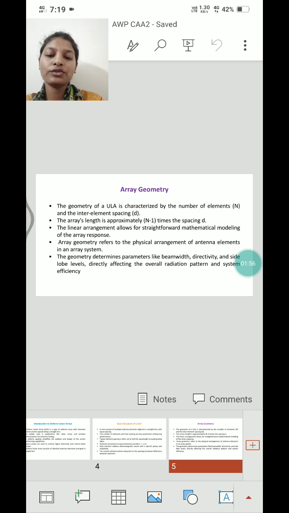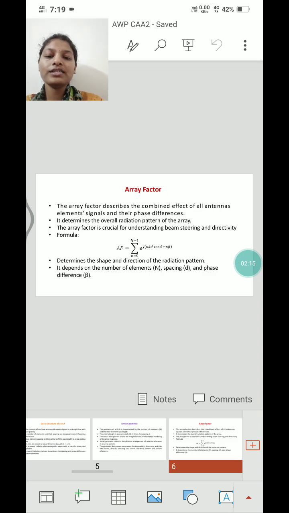Array geometry refers to the physical arrangement of antenna elements in an array system. The geometry defines parameters like beam width, directivity, and side lobe levels, directly affecting the overall radiation pattern and the system efficiency.